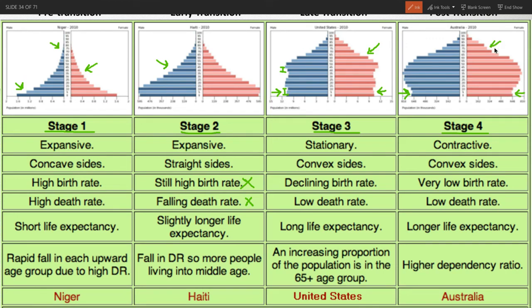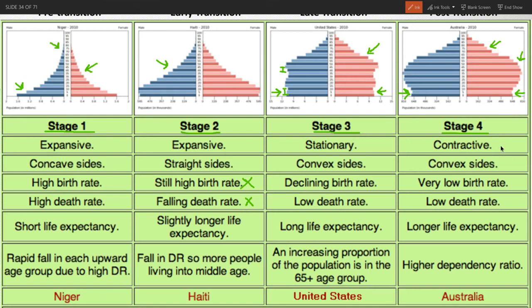So you get a larger number of seniors, a large number of people in the middle age groups, but the youngest part of the population declining in number over time due to families continually having fewer kids. So your total fertility rate here is certainly going to be less than 2.1. It could be 1.7 or so on. And this is more or less the stage that Canada would be in today, as we mentioned before.